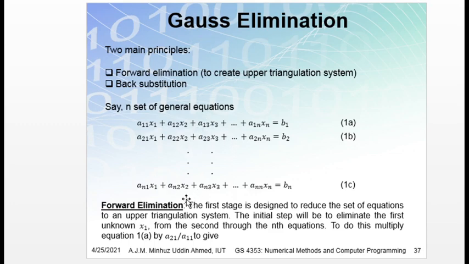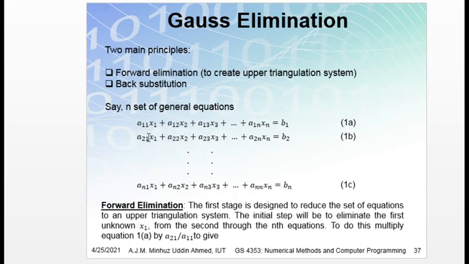Now come to the point of how we will go for the forward elimination. To make the forward elimination, what will we have to do? First, we'll have to eliminate the coefficients of x1 from all the equations except the first equation.